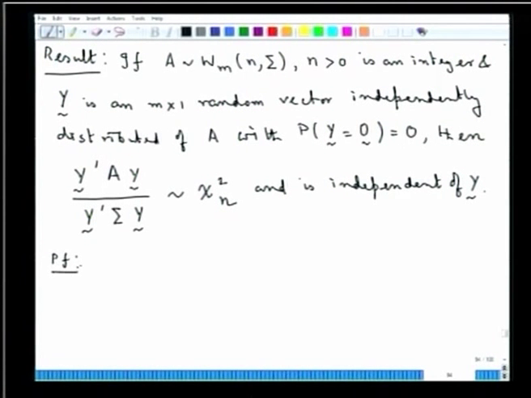Now this result tells us that if we are looking at this particular ratio, y transpose A y by y transpose sigma y, that would follow a central chi-square, and that would be independent of this y.